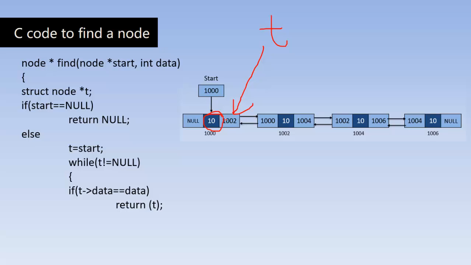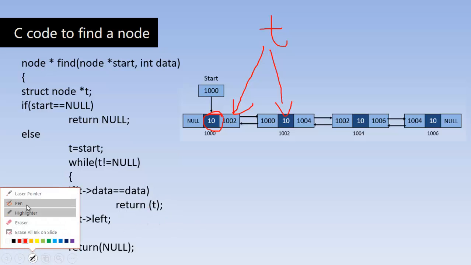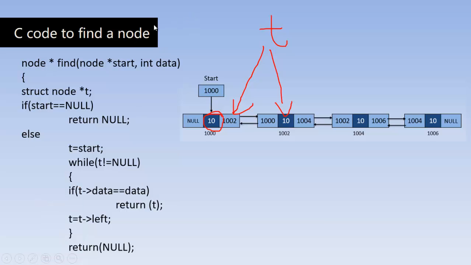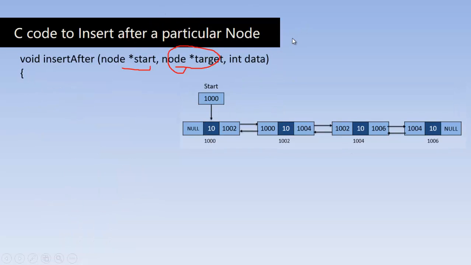If not, I will make t arrow left point to the next node every time until it reaches null. So every time if the data is found, I'll simply return t. Okay, so now get back to the function.